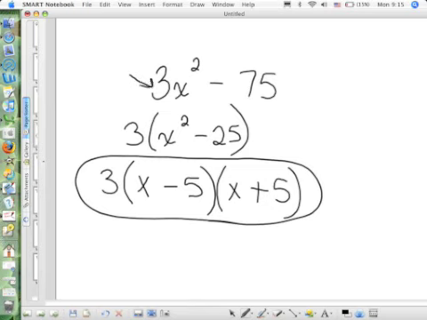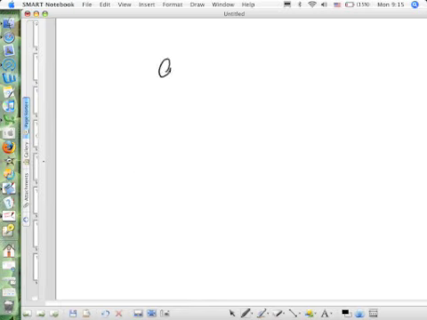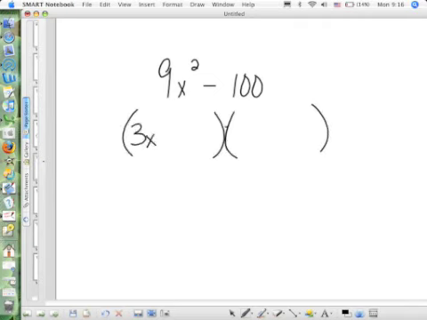Okay? What if 3 is a 9, and then 75 is like 100? Okay, let's do that. Are those two terms, is there something you can multiply by itself and get 9x squared? 3x and 3x?